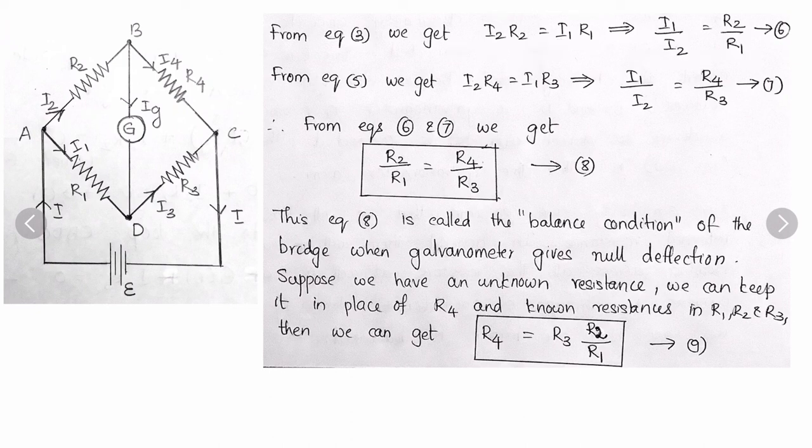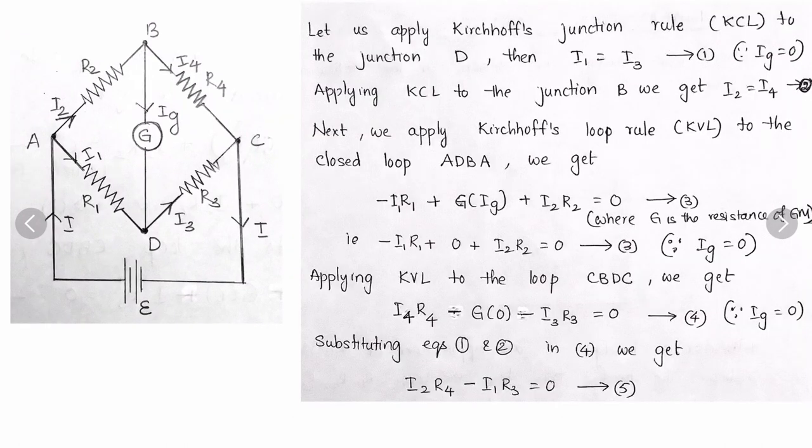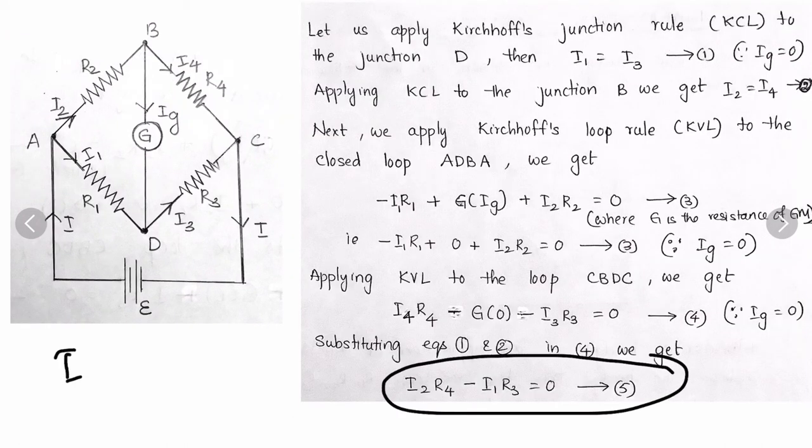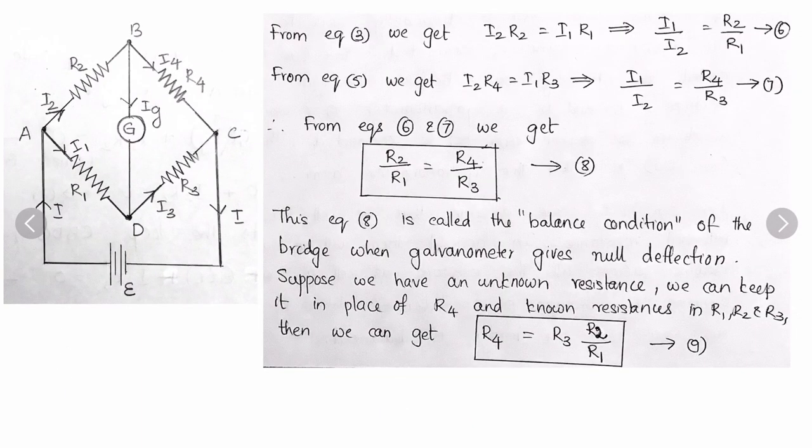Similarly, let's go back to equation 5. From here you will get I2 R4 is equal to I1 R3.